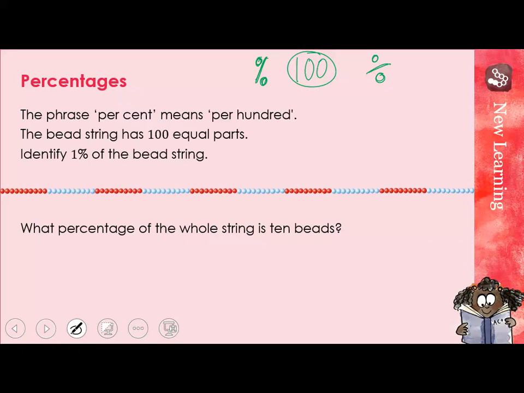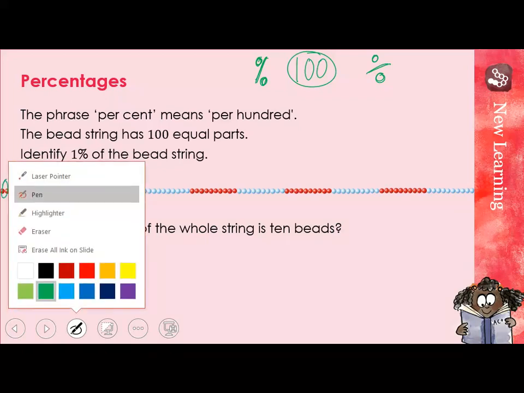Before we dive too deeply into it, all we need to know for now is that percent means out of 100. So for example, this bead string that you can see has 100 beads. What do you think would be 1% of those 100? Knowing what you know about the word percent, it means out of 100. Can you identify what 1% of the bead string would be? Well done if you identified it's going to be 1.